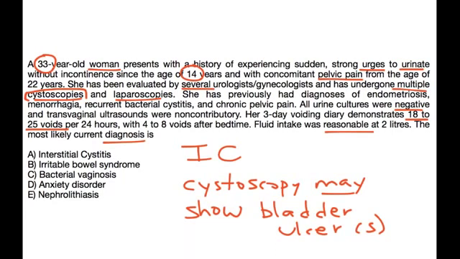The thing that really screams out in this clinical vignette is her voids per day. Up to 25 times she is going to the bathroom. That combined with urinary urgency and pelvic pain with a long history of negative tests strongly points to interstitial cystitis.